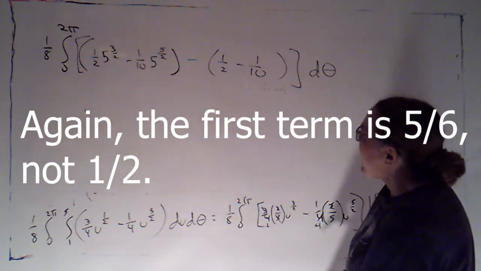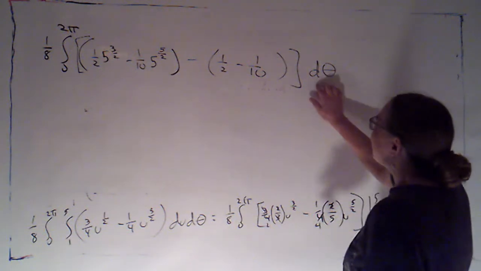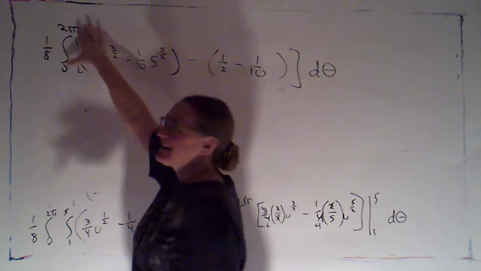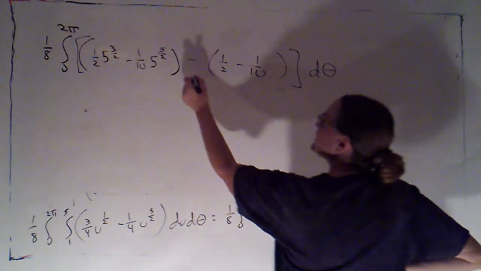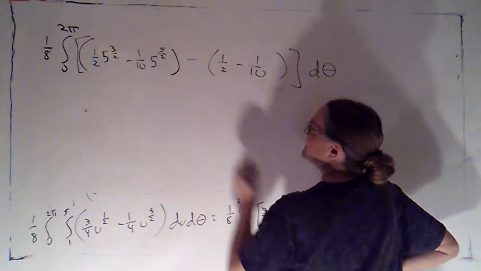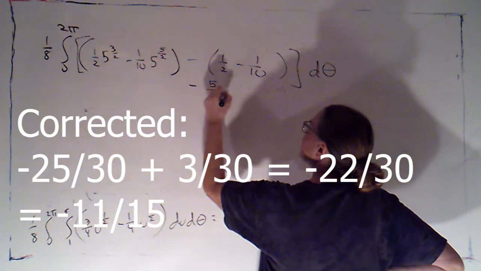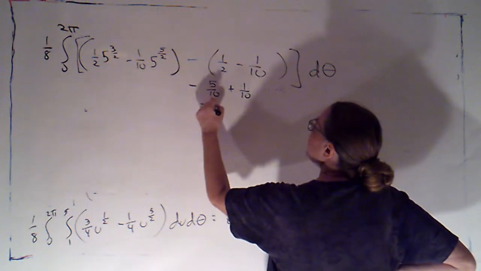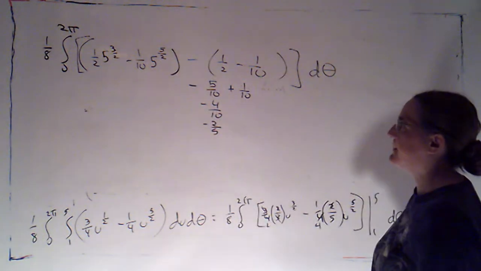All right, all of that is just a constant, okay? So I'm going to get that constant times this constant times 2 pi. Let's just see if we can't simplify a little bit. I'm going to just distribute the negative here and find a common denominator. So this would be negative 1/2 would be 5/10 plus 1/10. So that's negative 4/10 or negative 2/5.